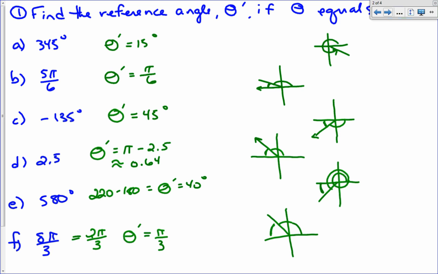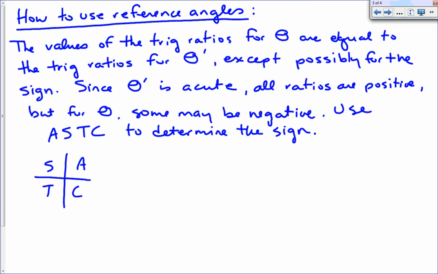Okay, so once you know how to calculate what the reference angle is, here's how reference angles actually work. The trig ratios for theta are the same as the trig ratios for theta prime. So for every angle all the way around the Cartesian plane, the trig ratios are equal for theta as for theta prime, except possibly for the sign.